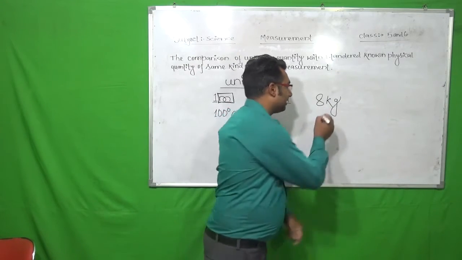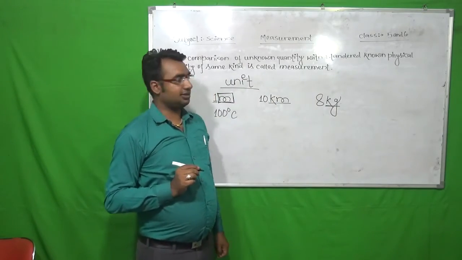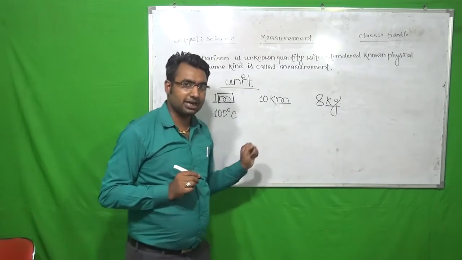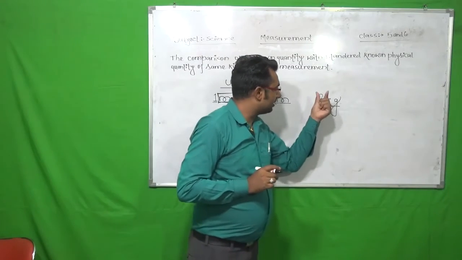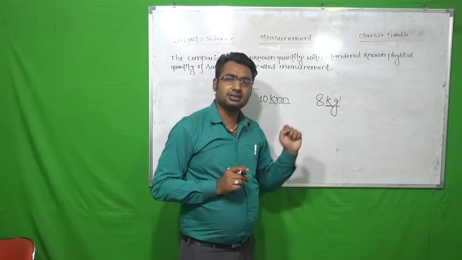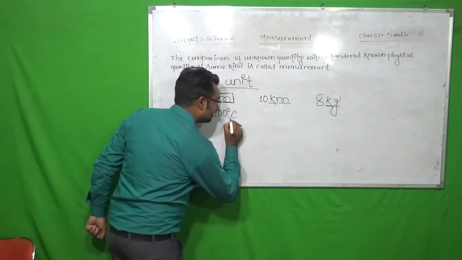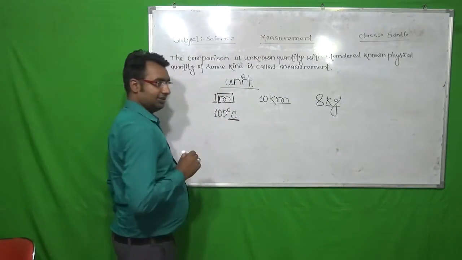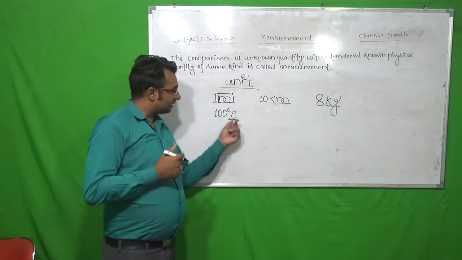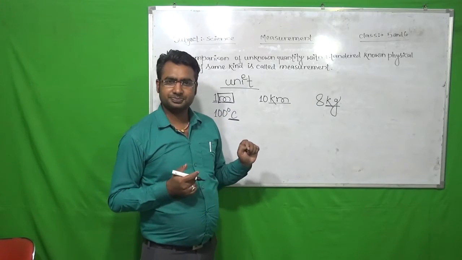This kg, the full form of kg is kilogram, we know that, and kg or kilogram is the unit of mass. And C is the short form of Celsius, and we know that Celsius is the unit of temperature.